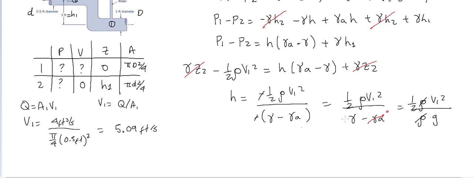If we substitute now the value of the velocity calculated, we find that the elevation is equal to 0.403 feet. Once again, we were able to do this because the ratio between water and air is about 1,000 times larger, and that's what allows us to neglect the value of the specific weight of air.